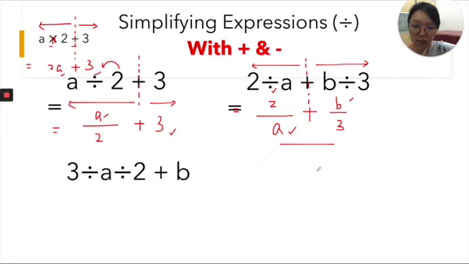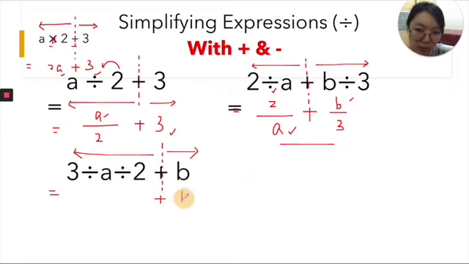What if I have this? Be very careful. When you have divide, times or plus, always look for plus and minus, draw a dotted line. Separate left and separate the right. Let's do whatever is on the right. On the right, that is only B, simple.